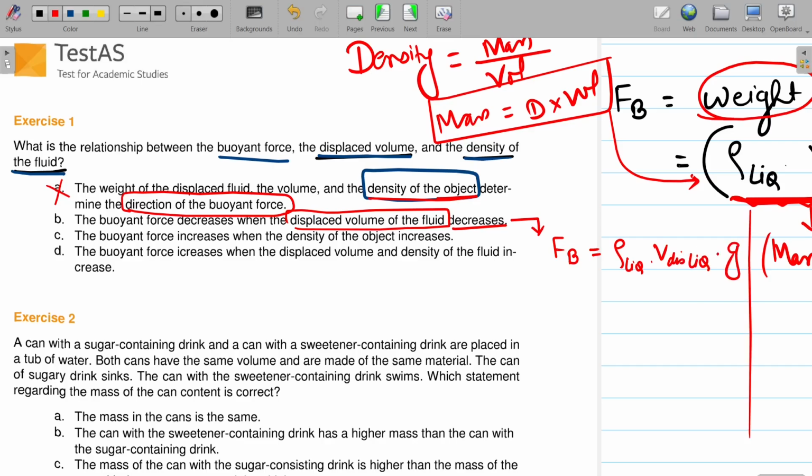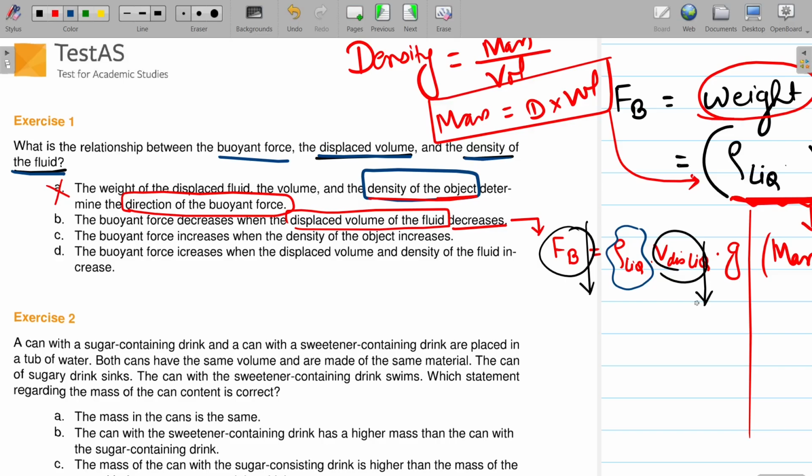In the first thinking, you can see if the volume of displaced liquid decreases, the buoyant force should decrease. But see, this is not always true. This is also dependent on the density of the liquid. It may be sometimes that volume displaced is less, but buoyant force may be greater, right?